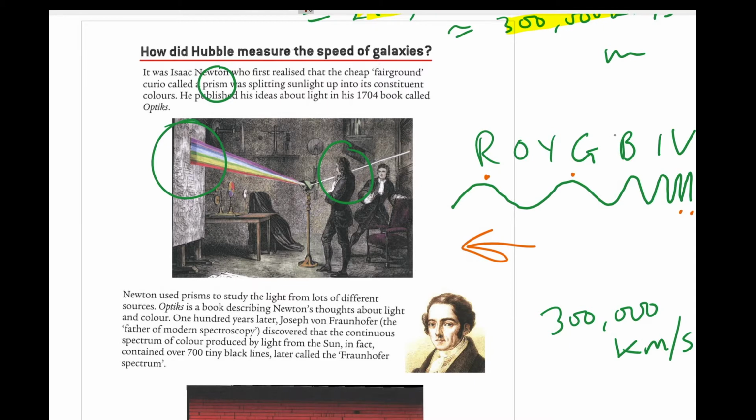Now, white light can be split up into Roy G. Biv.